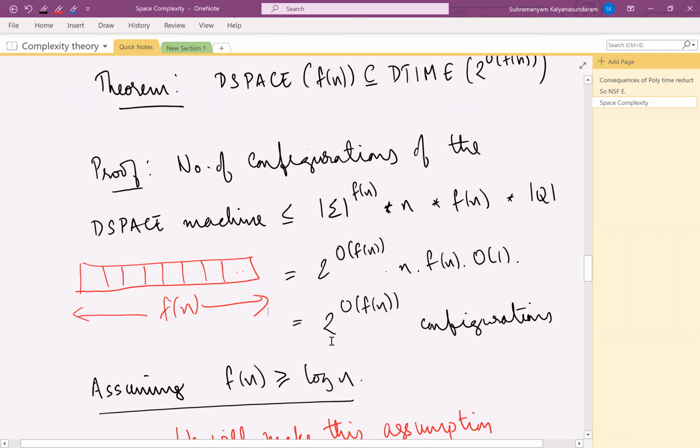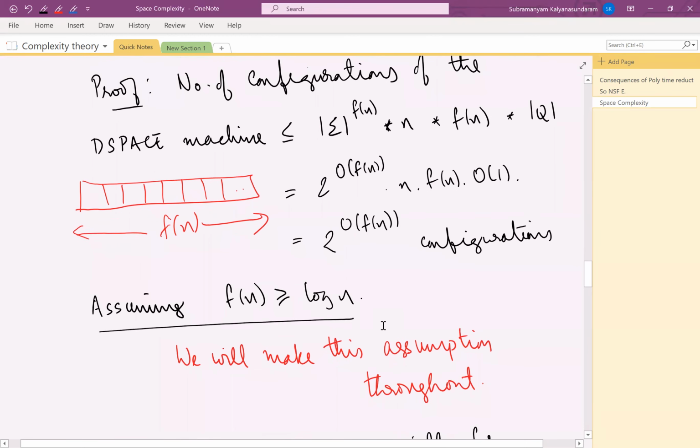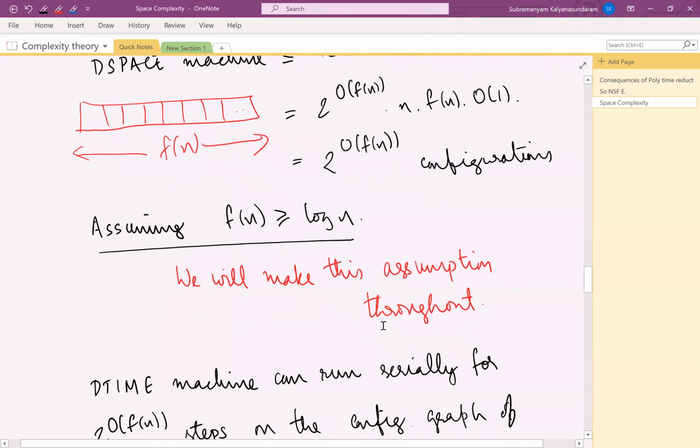So the number of configurations that capture the entire state, including the state of the Turing machine, tape contents, head positions, everything, is 2 power order f(n). And again, this is just a reminder, we'll always be making this assumption that f(n) is at least log n.